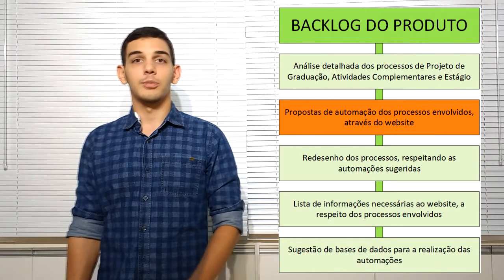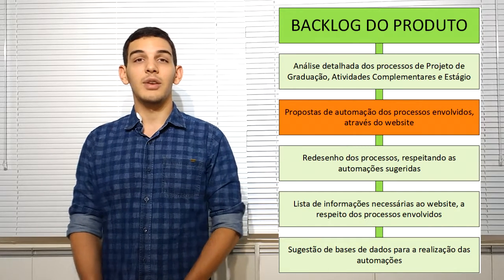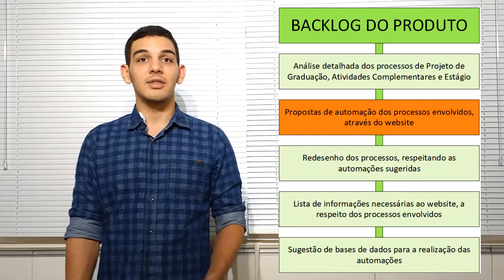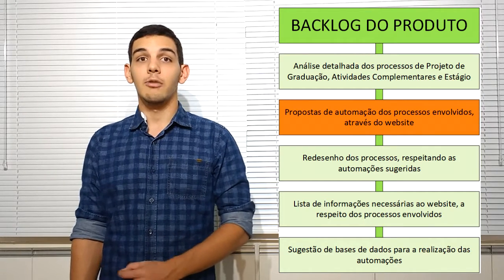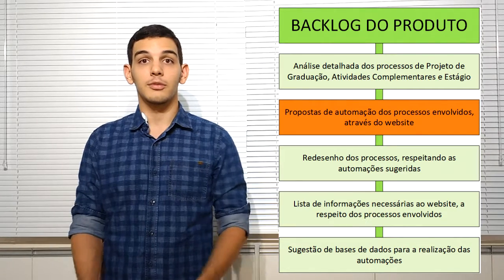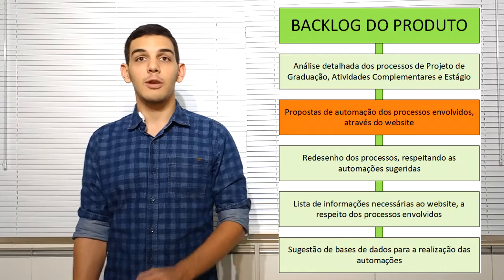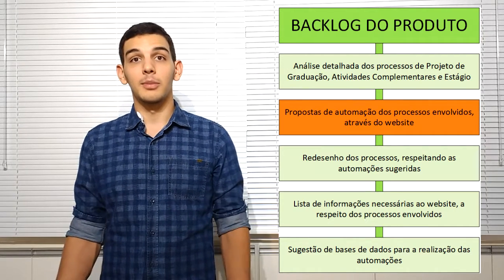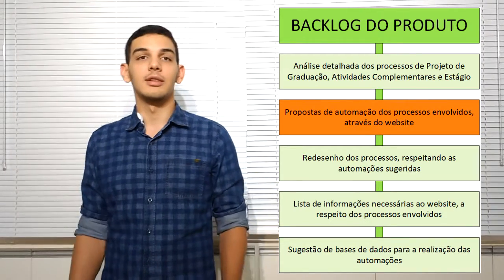Therefore, other automation proposals carried out at this stage were restricted to the beginning of each process, since it is at the beginning that the activities are more directed only to the Department of Production Engineering, without linking with external systems of the university. As an example, the proposal to change the registration form for graduation project 1, a document used by the students to request enrollment in this subject, can be taken.